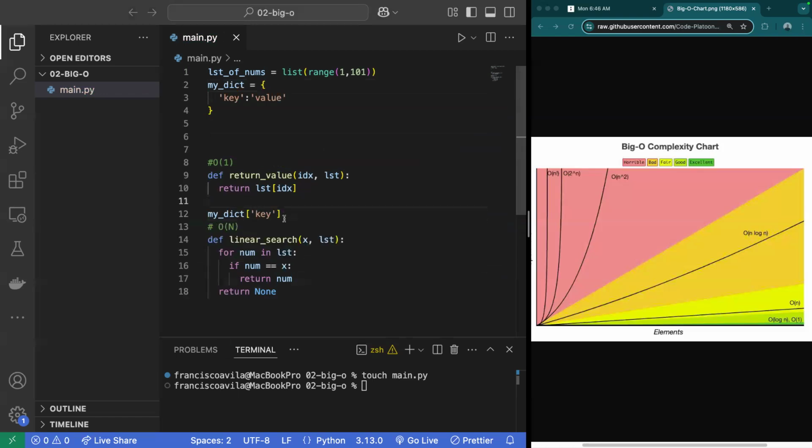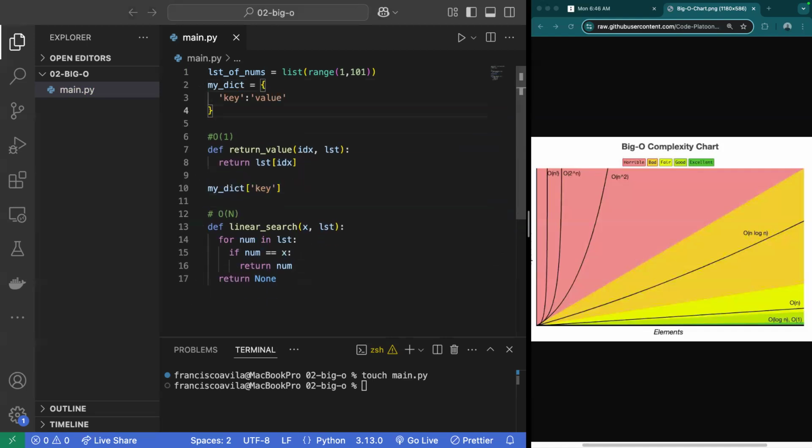That's why dictionaries are usually your preferred data structure when working within algorithms. Usually, if something can be solved with a list, it can also be solved with a dictionary. All right. Does anyone have any questions regarding O of 1 or O of n?